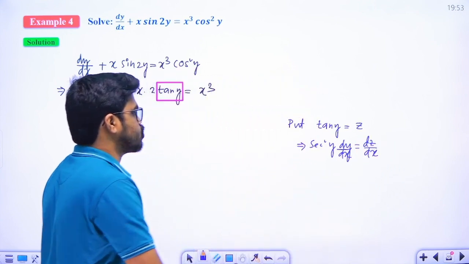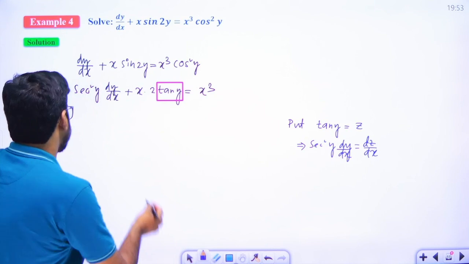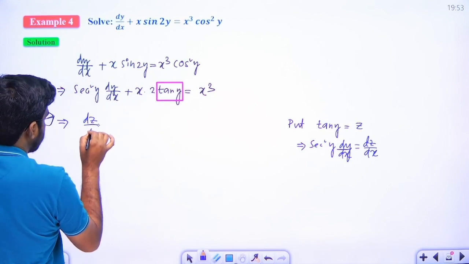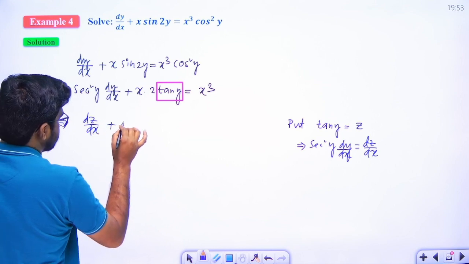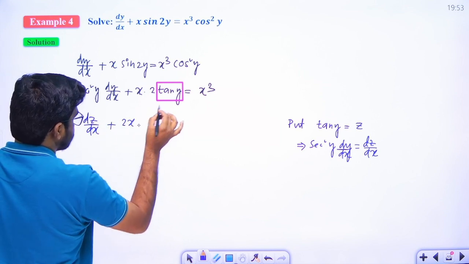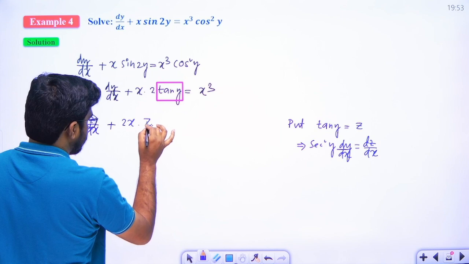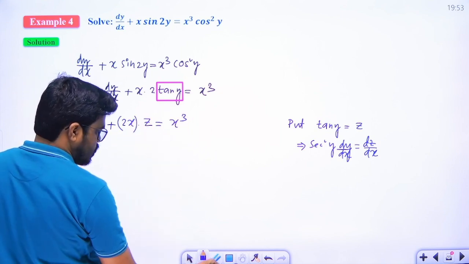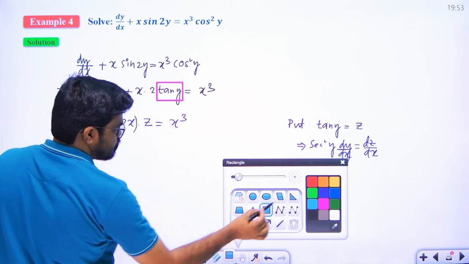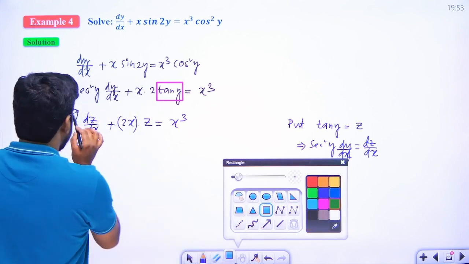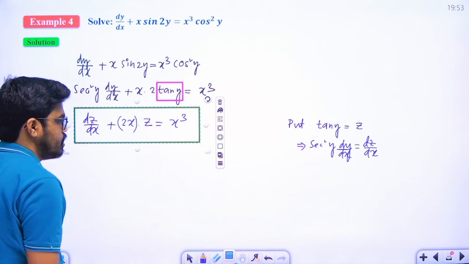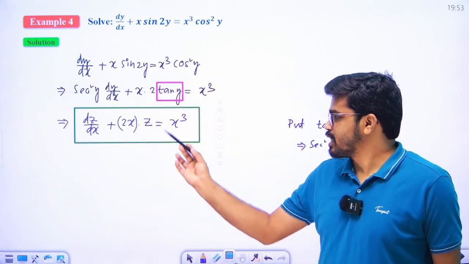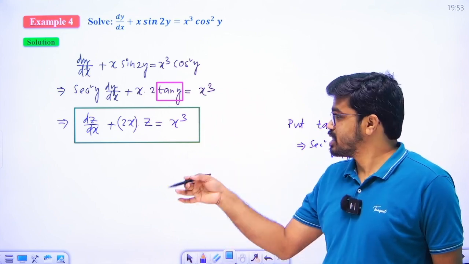Okay, so sec square y dy dx is dz dx. So this is dz dx plus 2x tan y, that is z, is equal to x cube. So this is linear in z. dy dx plus py is equal to q, so dz dx plus pz is equal to q, which is linear in z.